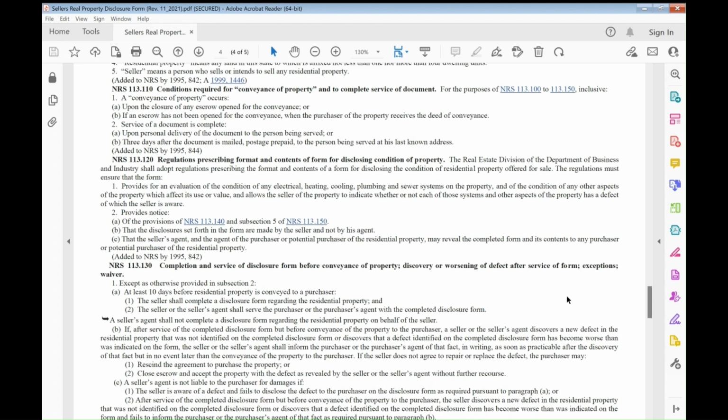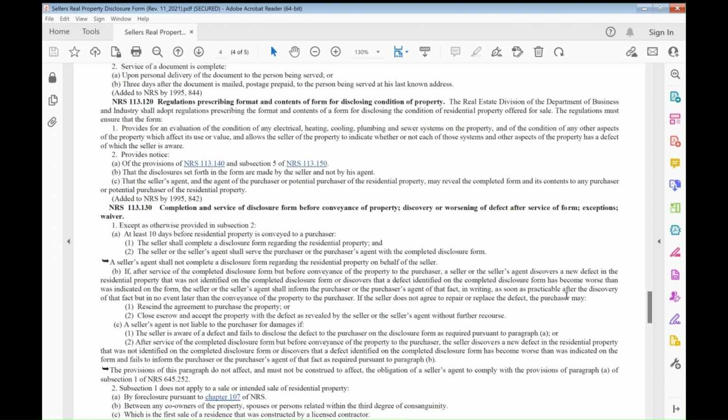This is going to be their option to potentially void the contract. Therefore, we don't want to save this towards the end of the contract or even to the middle of the escrow. We want to get this right away so that we can work through any of these things, potentially even negotiate through some of them during the due diligence period.